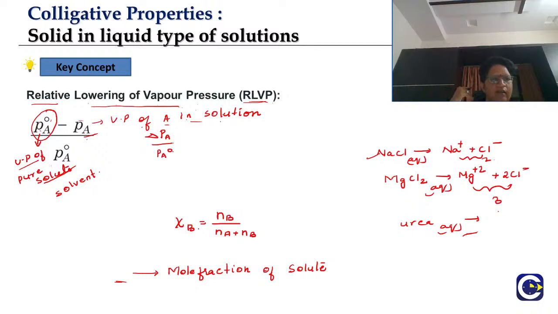If I take a pure liquid, all the surface is made up of the molecules.